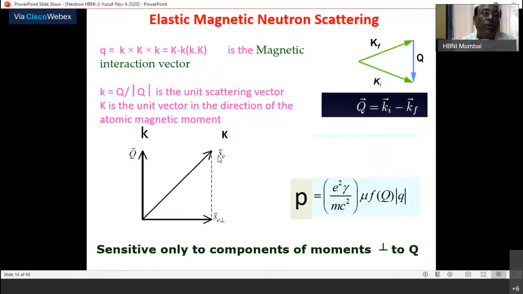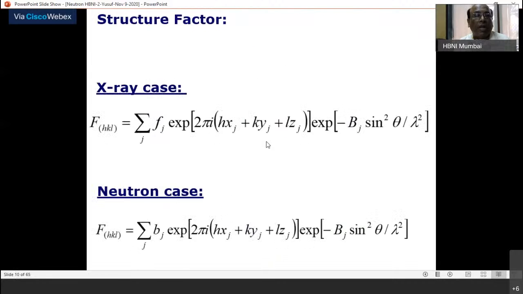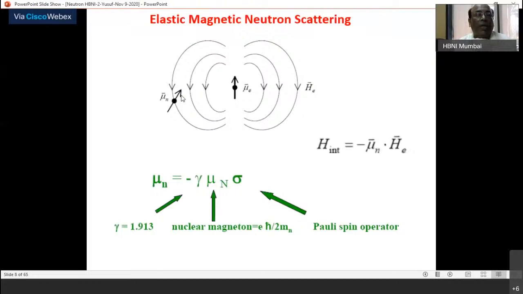Now the question is, when you do neutron diffraction, the incident neutron beam falls and gets scattered, and this is the scattering momentum transfer. The neutron magnetic moment mu n, which I have said already. The neutron magnetic moment and the electronic or atomic magnetic moment, it doesn't see electron by electron. In, let us say, Fe2+, there are unpaired electrons in the 3d shell, which cause a net moment of that Fe2+ ion.